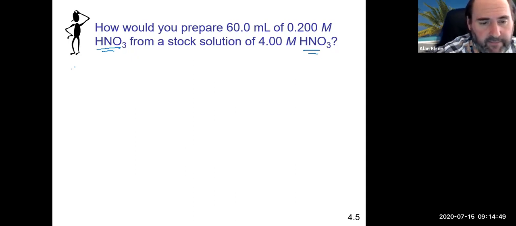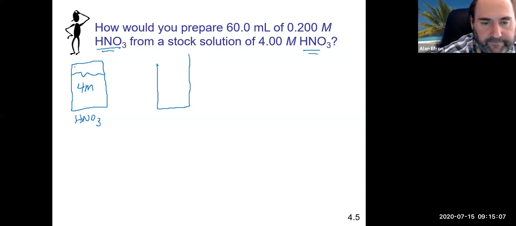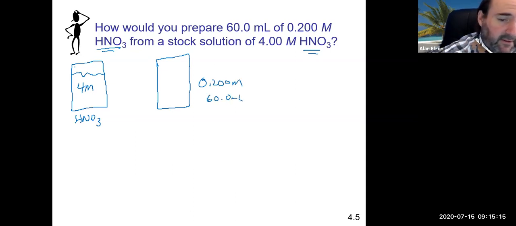We basically have a bottle sitting there that is 4 molar of some nitric acid here. And basically what we want to do is make another solution over here that has a molarity of 0.2 molar, and we want to make a total volume of 60 milliliters.